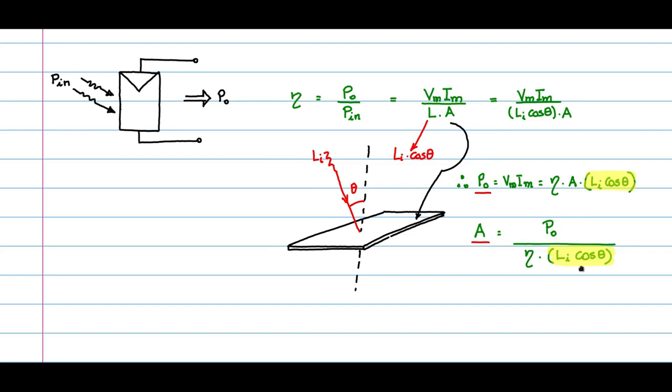However, it is not easy to find out what this incident insolation is because it is dependent on very many factors. It is dependent on the time of the day, the time of the year, the local climatic conditions, the water vapor content in the vertical column of the air above the collector, and on seasons.